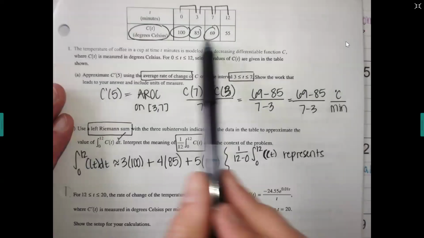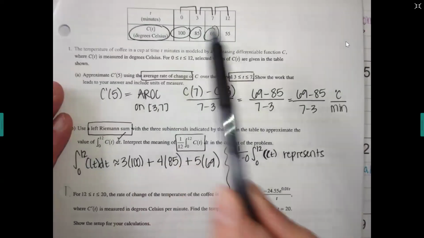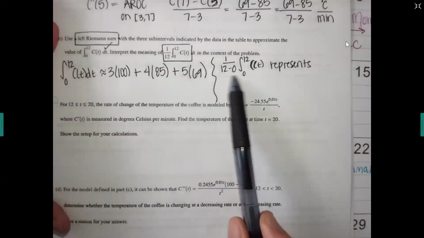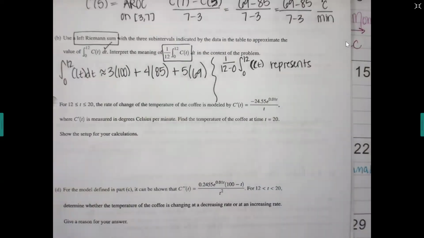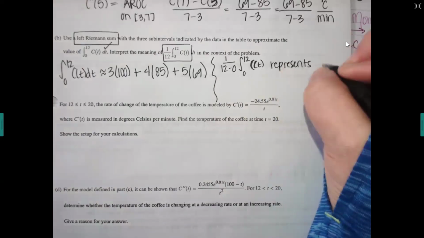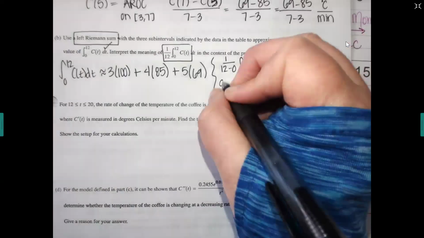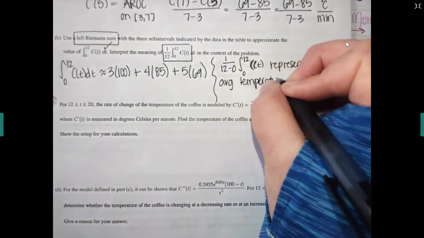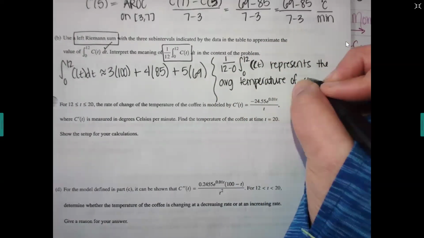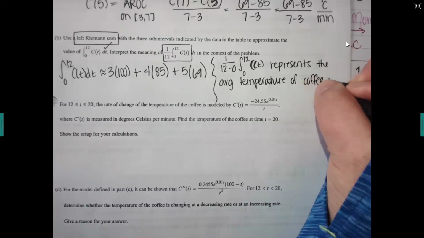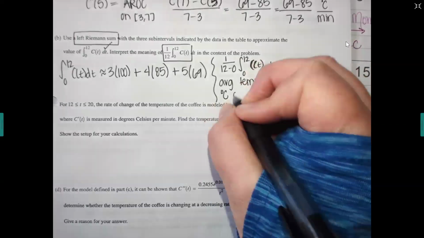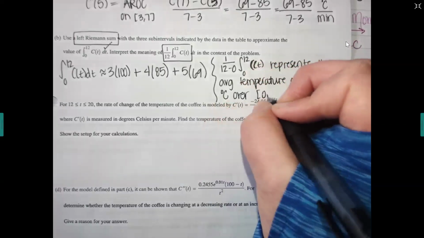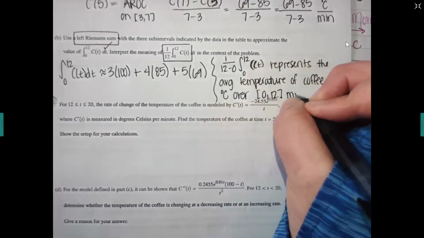So if this is talking about how hot the cup is, this is the average of how hot the cup was. So let's put, this would represent the average temperature of the coffee in degrees Celsius over 0 to 12 minutes.